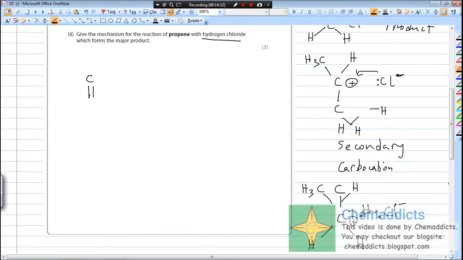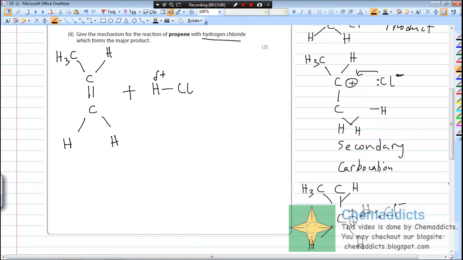Here we have the propene molecule. Okay, and here we have the HCl molecule.